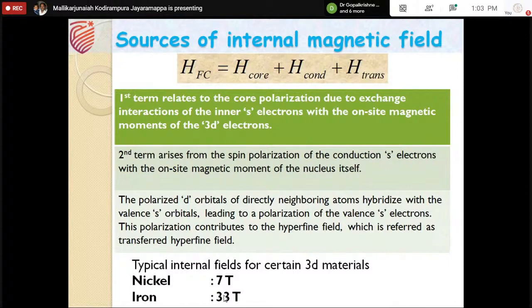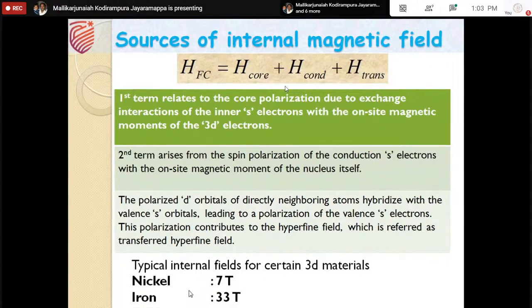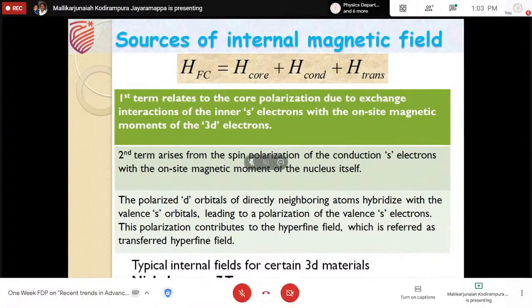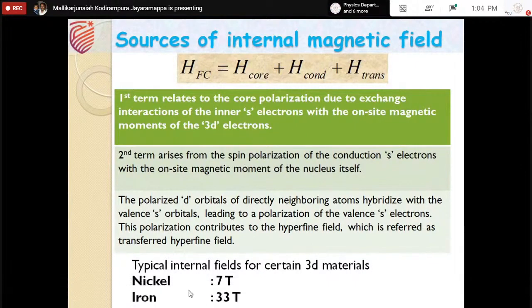Please pay attention here, because for this internal field NMR, the design of the experimental setup matters. We cannot use a ready setup for studying these individual nuclei, because in any other material, we can decide what the operating frequency should be and what the incident radiation frequency should be to observe NMR.